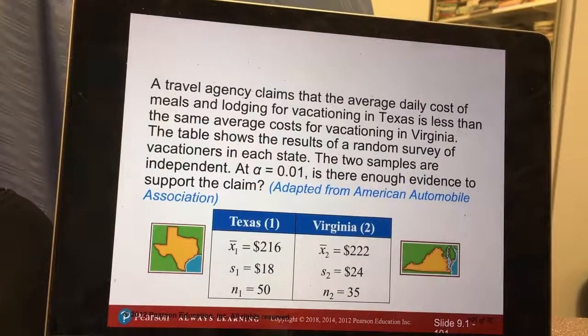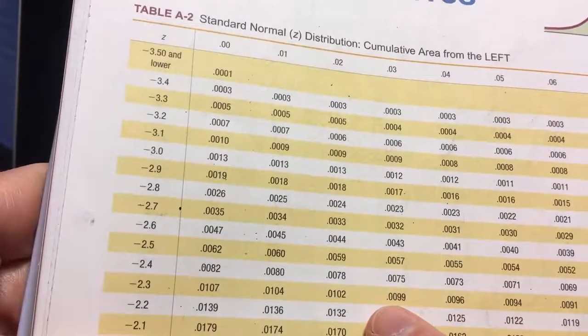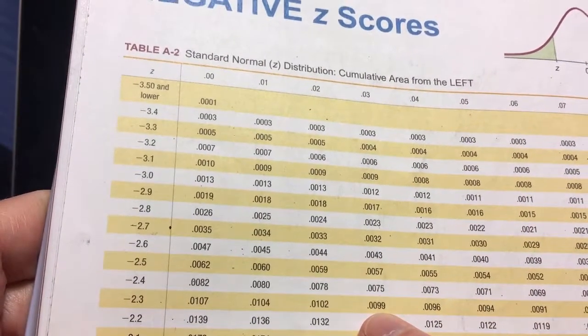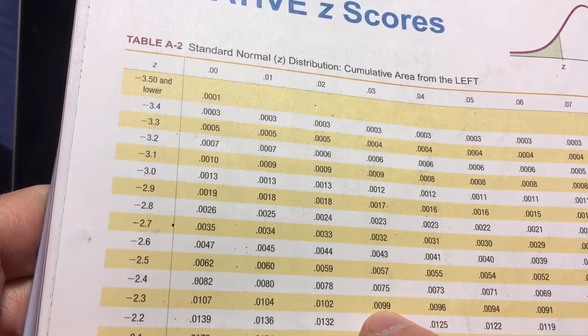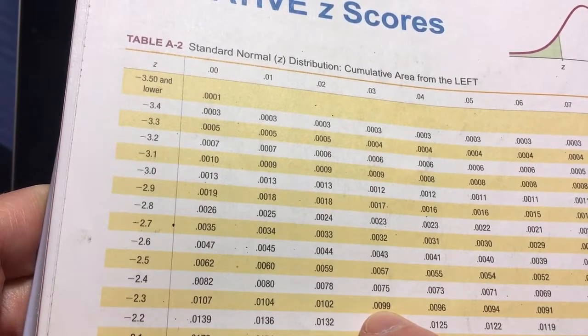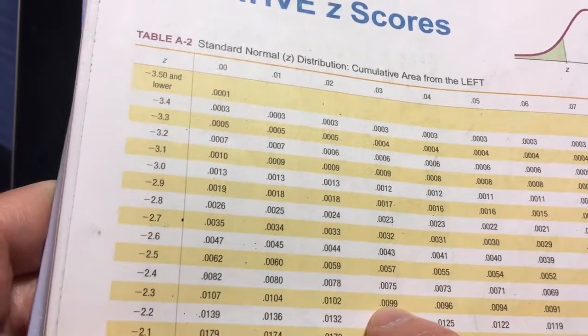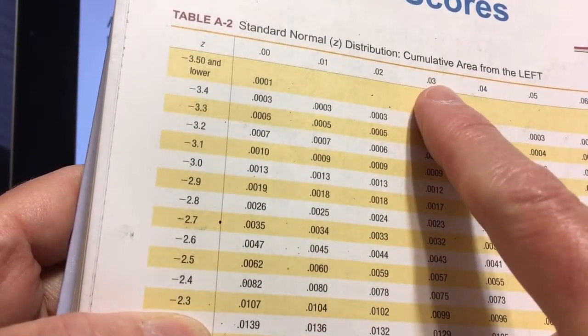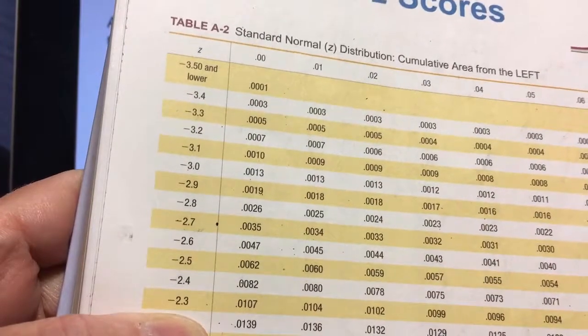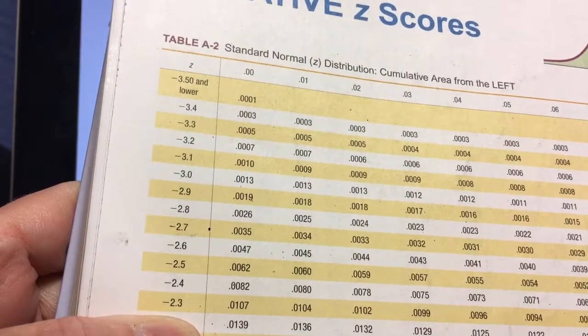Since we're using a z-test, we can go to 0.01 in our left tail. So let's do that. Down here at 0.0099, I'm on my z-score chart on the left. 0.0099 is the closest I can come to 0.01. And I end up with negative 2.33. So negative 2.33 should be our critical value that goes with this problem.